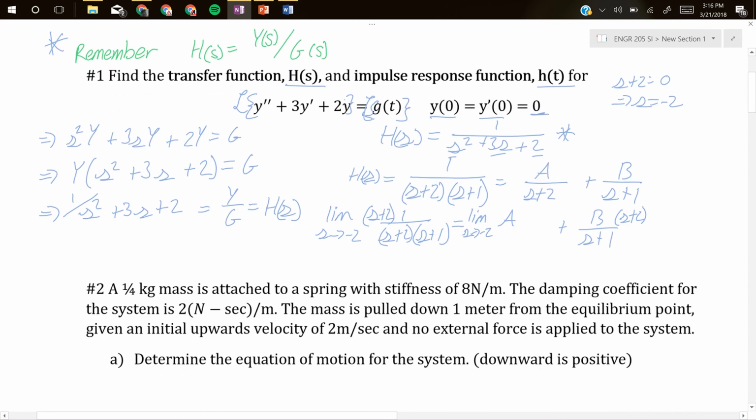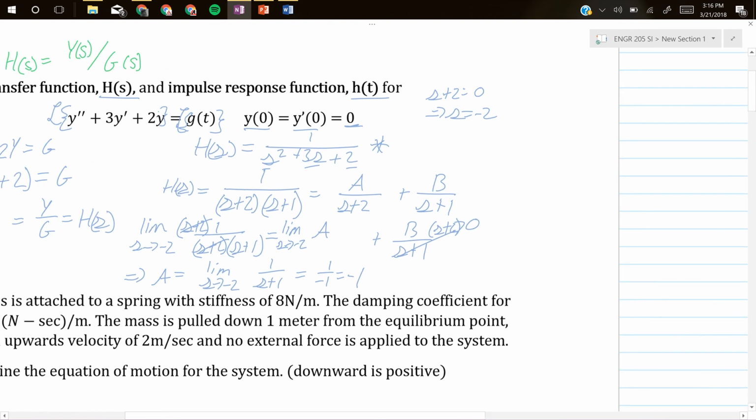So this term right here goes to 0, because as s approaches -2, this s plus 2 term will go to 0, and this s plus 2 cancels out with this. So this implies A equals the limit as s approaches -2 of 1 over s plus 1, which would then equal 1 over -1, which is just -1.